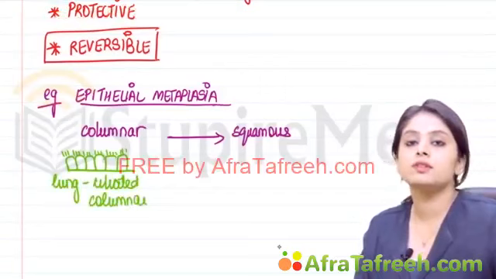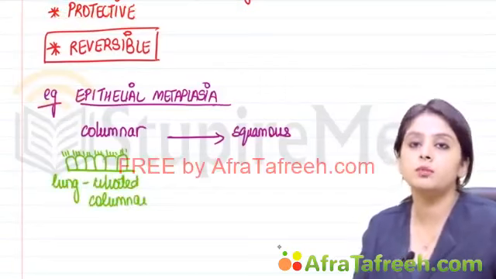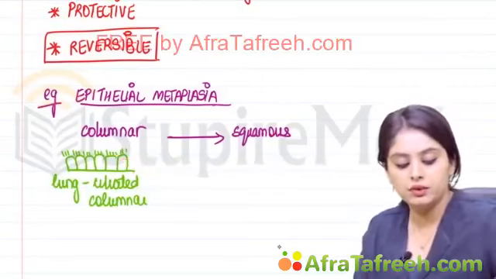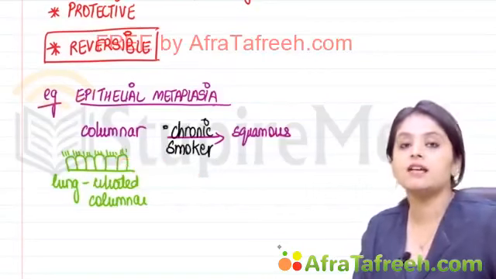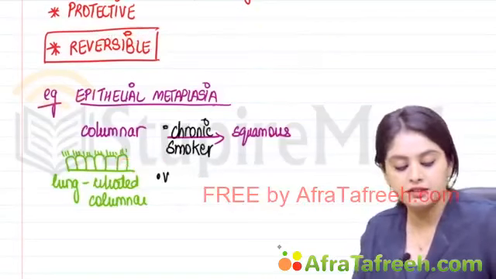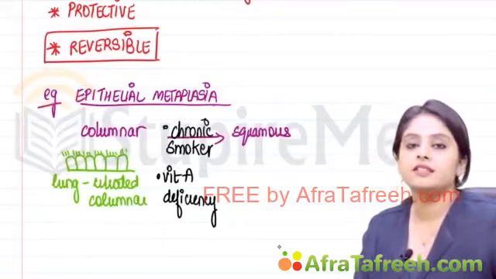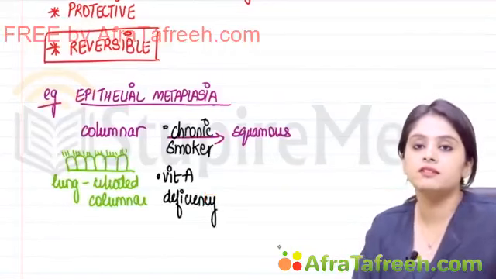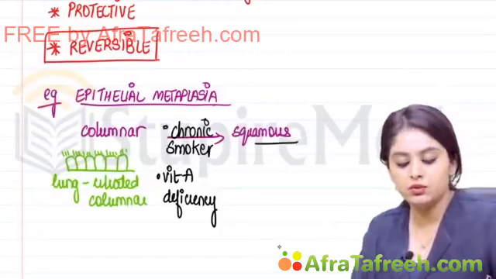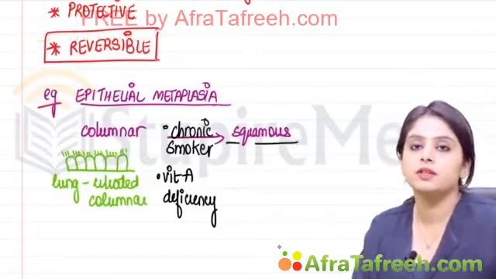But in a person who is a chronic smoker, or if someone has vitamin A deficiency, in that scenario, this stimulus will cause reprogramming of the stem cells, and this columnar epithelium will then convert into squamous epithelium.